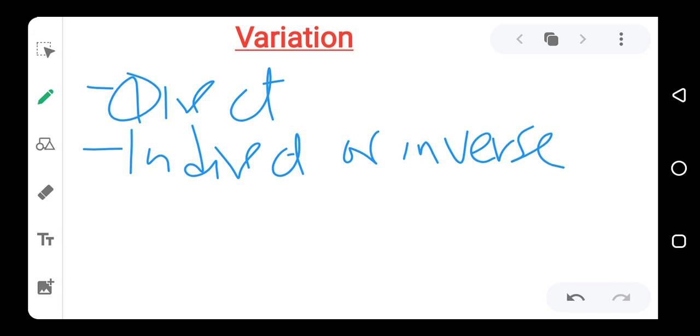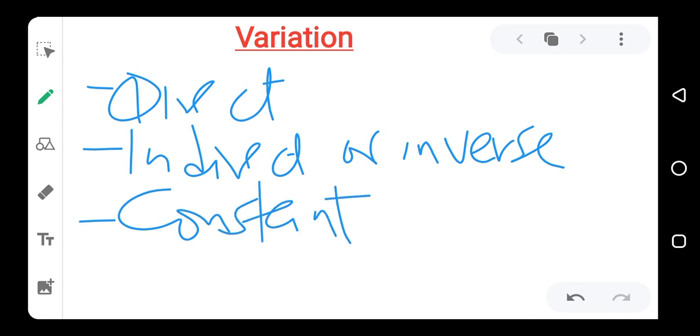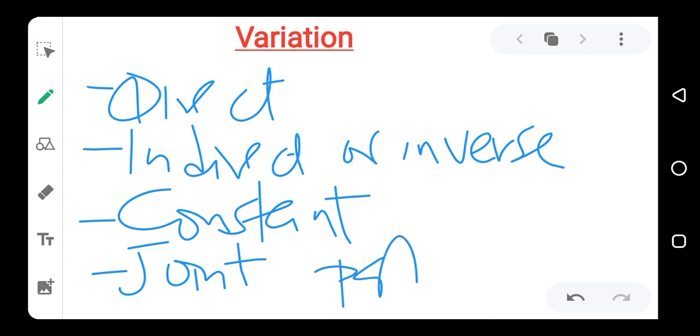Then we have constant variation. We have joint variation. And we have partial variation. Now, I will start with direct variation.